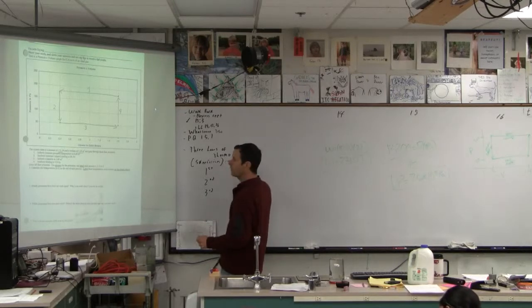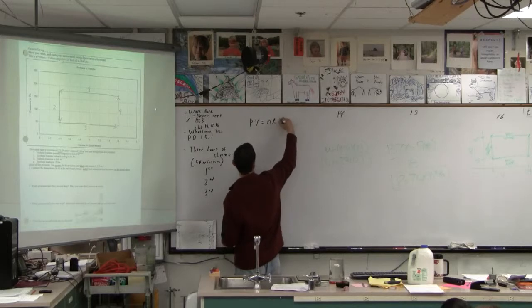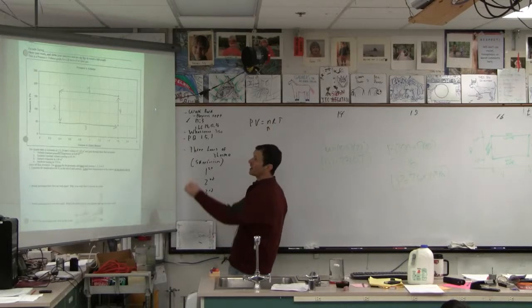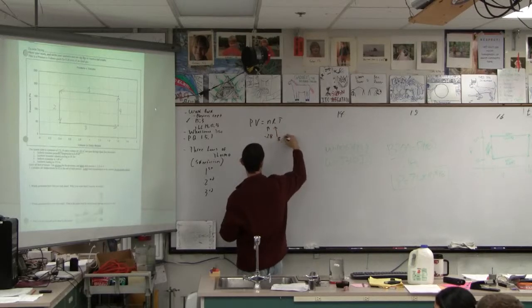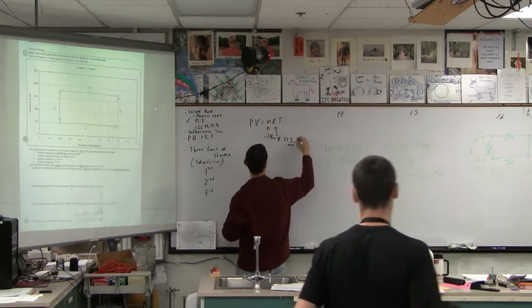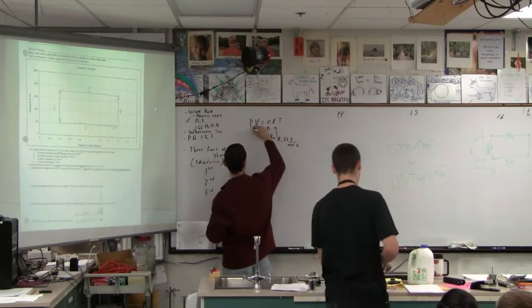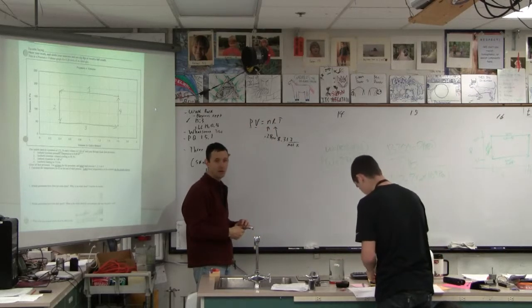So for every corner, right? The thing to do is just use PV equals nRT. Notice that I tell you n is at the top there. It says 0.28 moles. R is 8.31 joules per mole Kelvin. Temperature is what you're calculating. Pressure and volume you read off the graph. Does that make sense? Yeah.